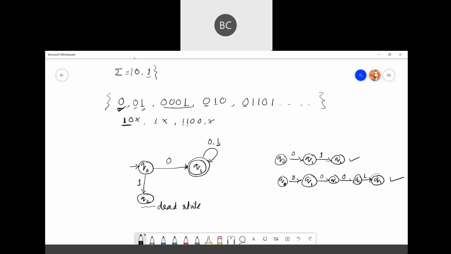So it's not accepting any string starting with 1. Is this one clear? So this is the DFA for strings which start with 0.